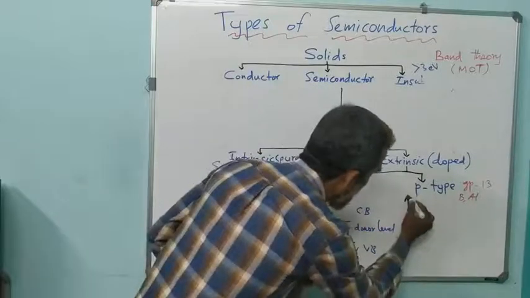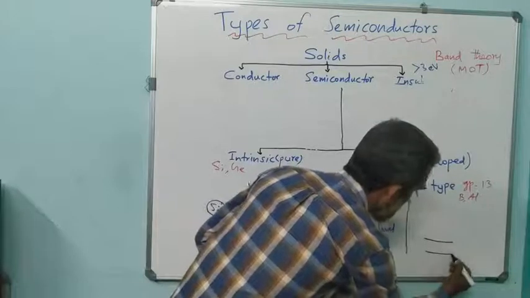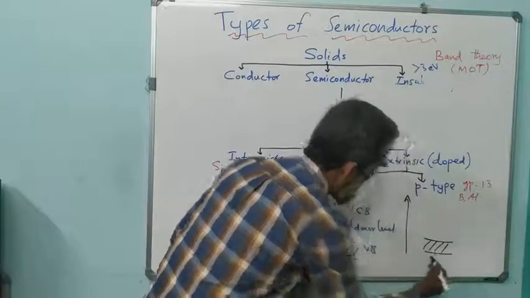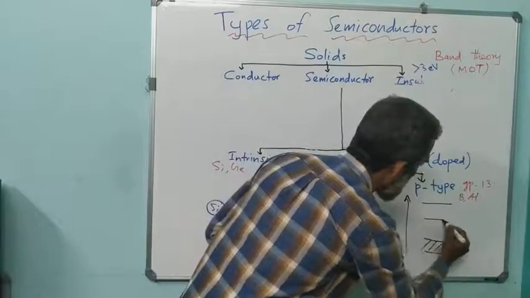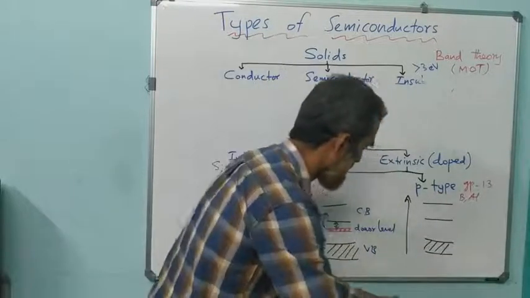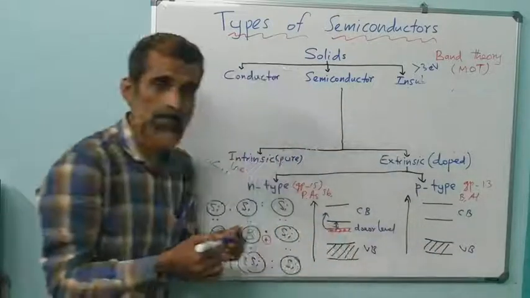According to the band model, how it comes: see, this is the filled valence band, and this is the empty conduction band. Valence band and conduction band. And what happens here?